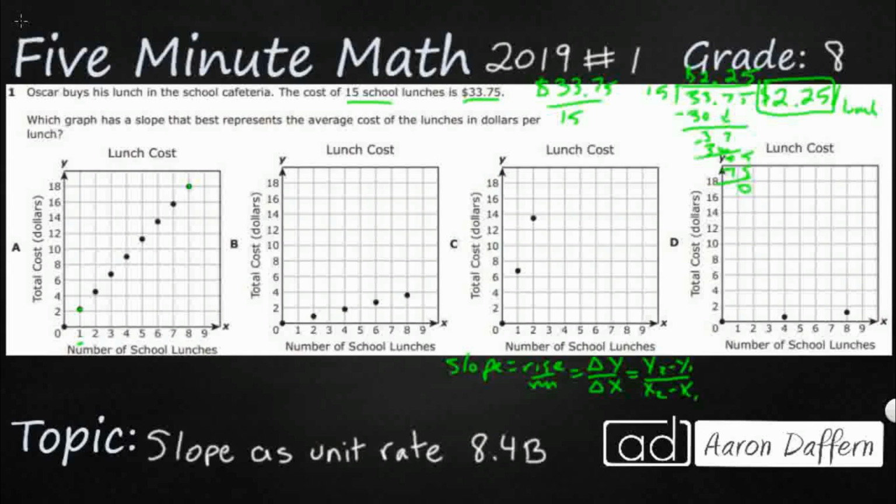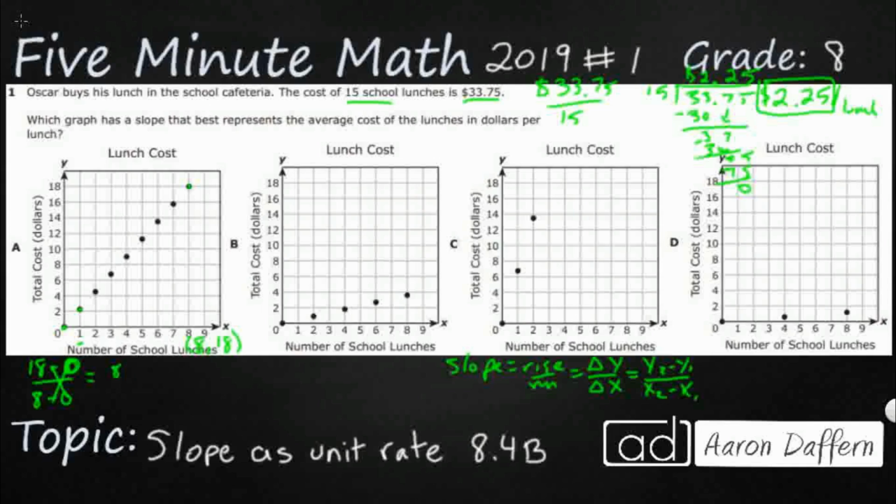So it's going to be 18 as my y, x is going to be 8. I'm going to use my origin, 0, as my other pair, because watch this. If I just do 18 minus 0 as my second set of y coordinates, and 8 minus 0 as my second set of x coordinates, you just don't need to do anything. It's just 18 over 8.